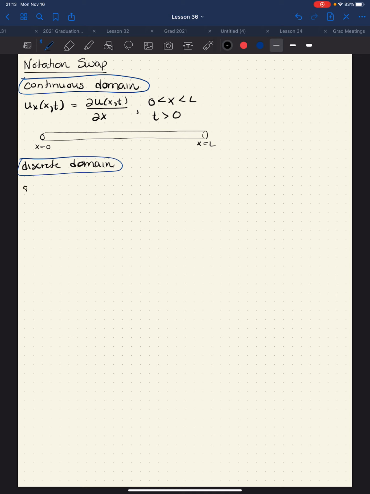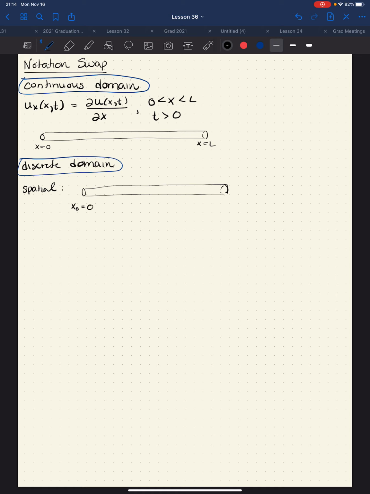So let's start talking about the spatial domain. Let's say, again, we have this one-dimensional rod. It's fine if we start at x_0 equals 0.